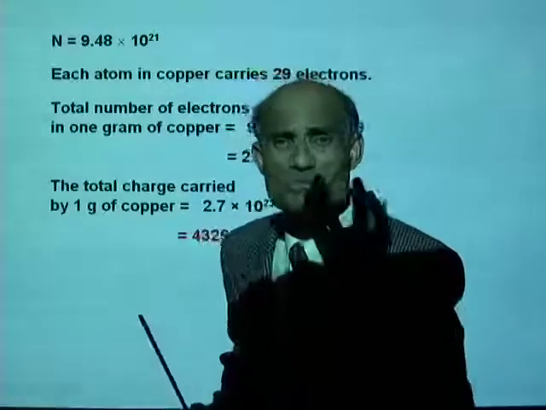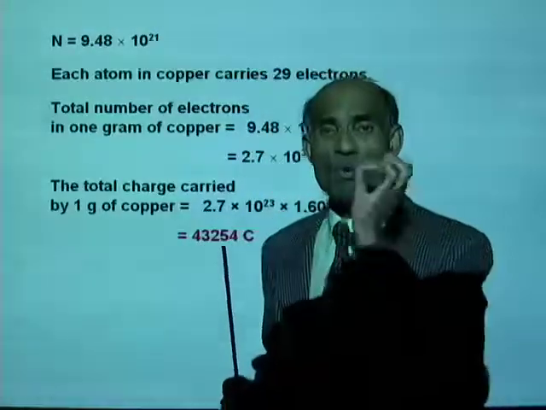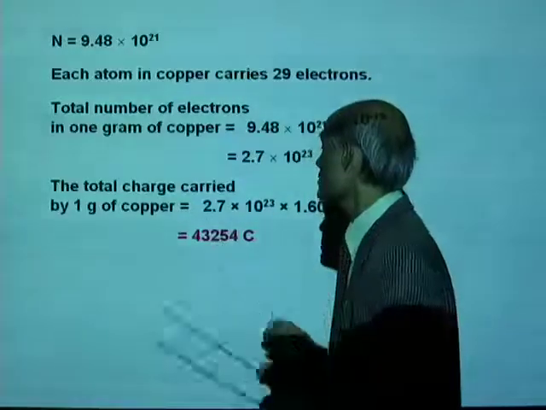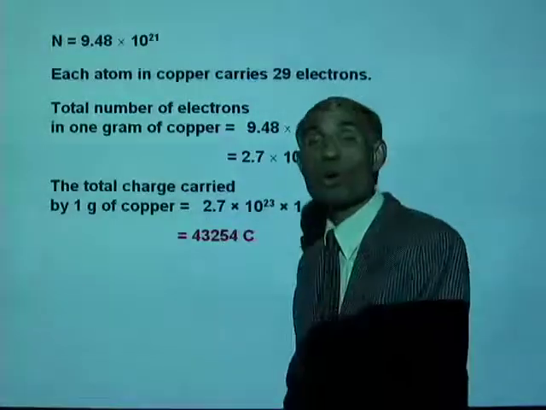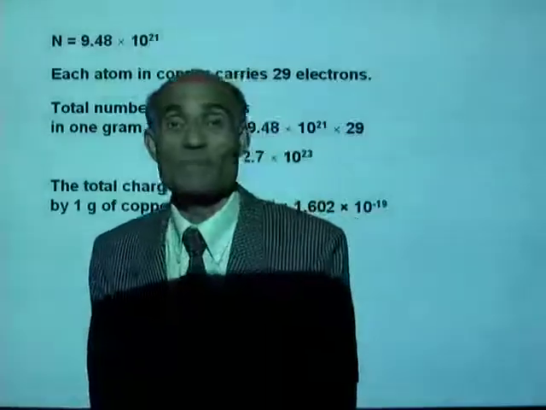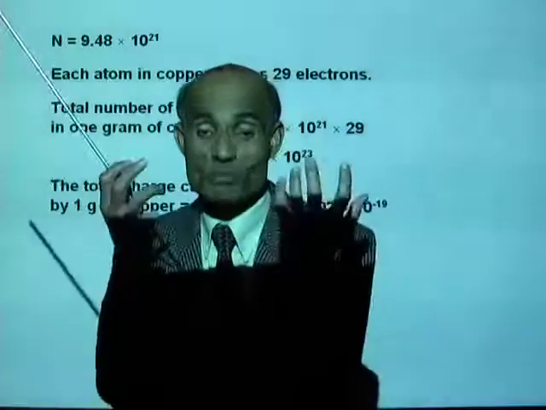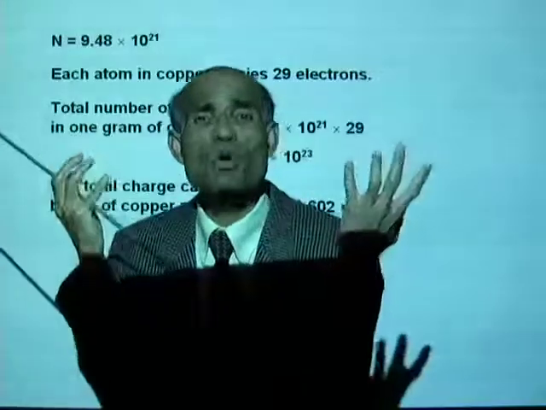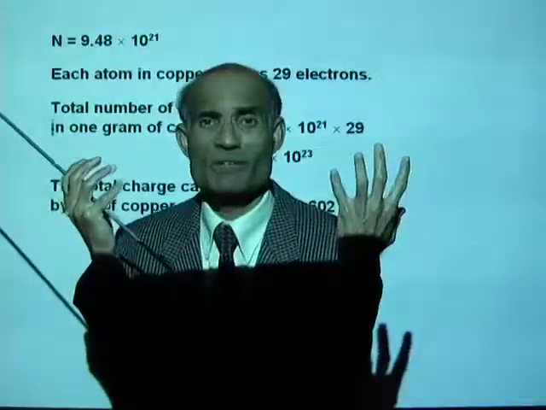That's a tremendous amount of electric charge. 1 gram of copper carries 43,254 coulombs of charge. In fact, one human body actually carries millions of coulombs of electric charge.